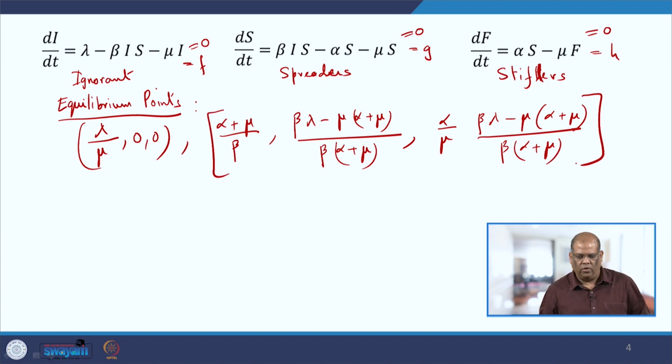So, we have two equilibrium points, and now we will be doing a stability check.